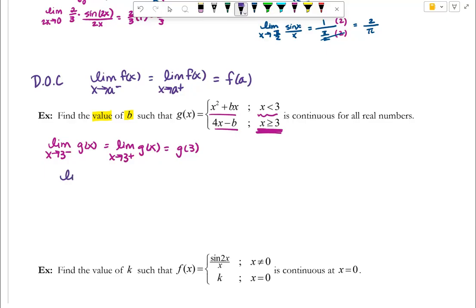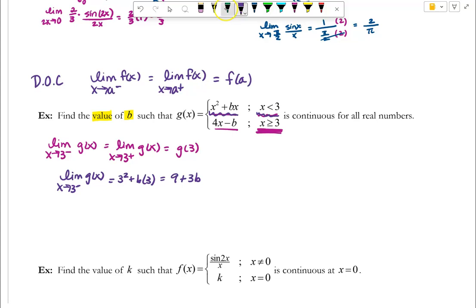All right, so as I evaluate the limit of g as x approaches 3 from the left-hand side, I'm using the top piece of my piecewise, because from the left of 3 is numbers less than 3, and I get 3 squared plus b times 3, which is just 9 plus 3b.